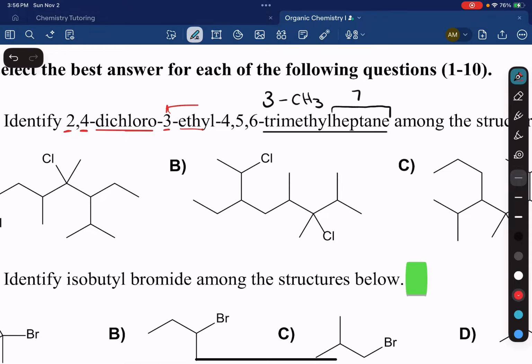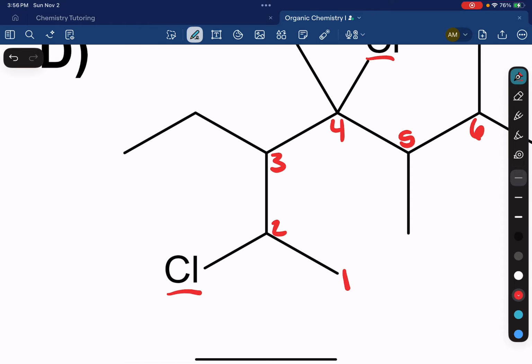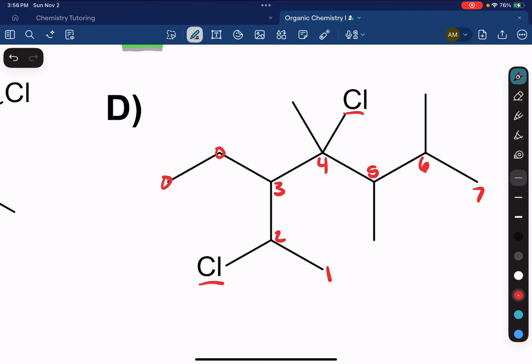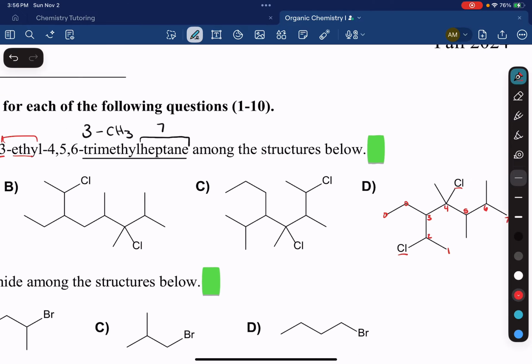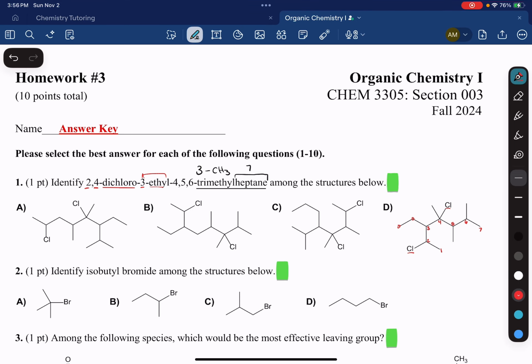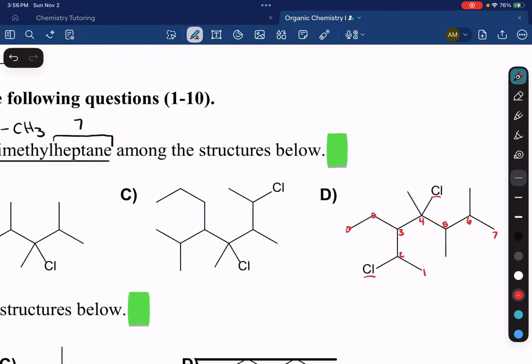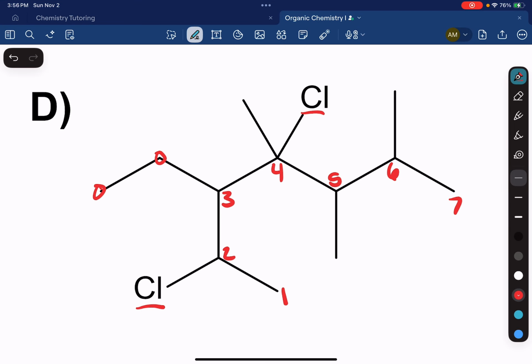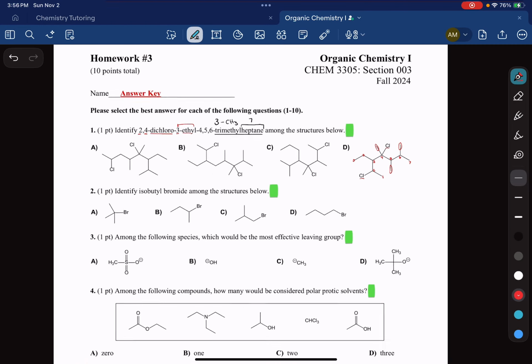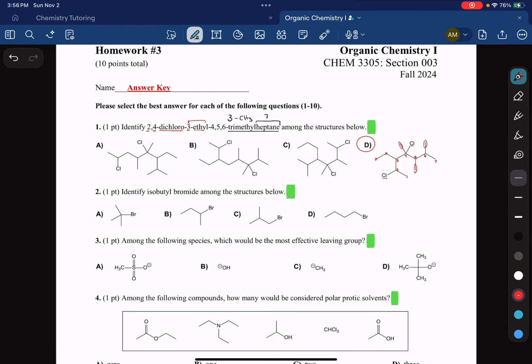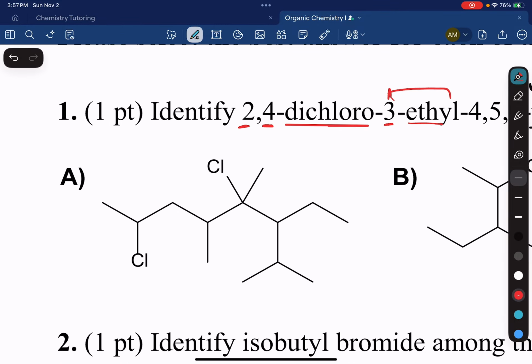On carbon 3, we should have an ethyl. Carbon 3, 1, 2. Ethyl group. Oh man, I think I chose the winner first. I tried to move backwards because sometimes it'll be like A. I think I chose the winner to start with. We'll go through them all. Okay, so this is an ethyl group, so that checks the block. And then we've got a methyl on 4, 5, and 6. Okay, guys, so far it's looking like D's our answer. Okay, let's look at all of them, though.